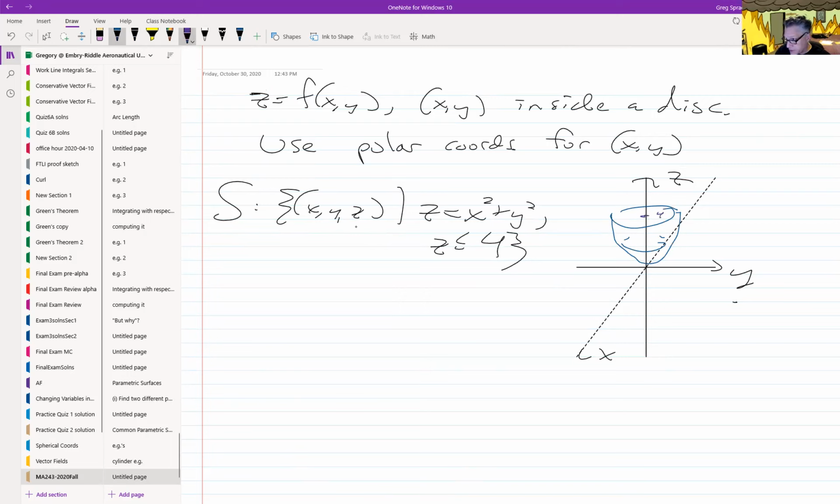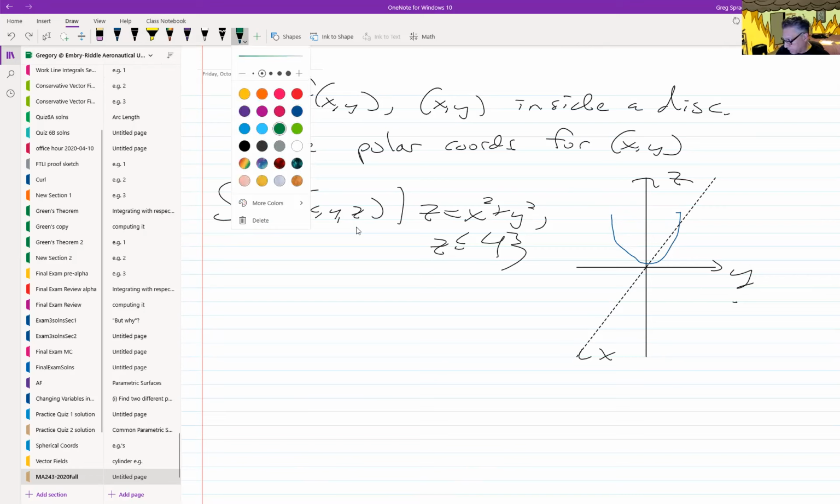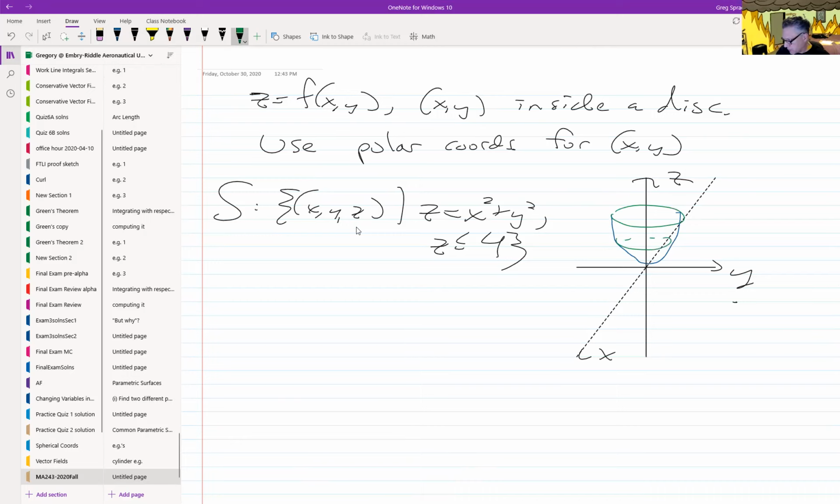If we project this surface down to the xy plane, what we would see is a disk. I'll make the horizontal traces green and the vertical traces blue.